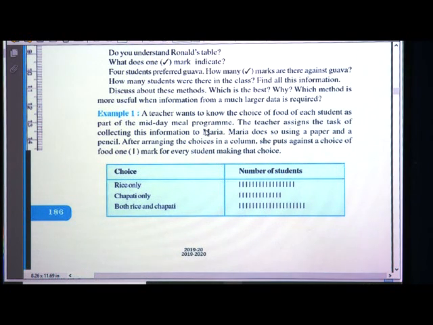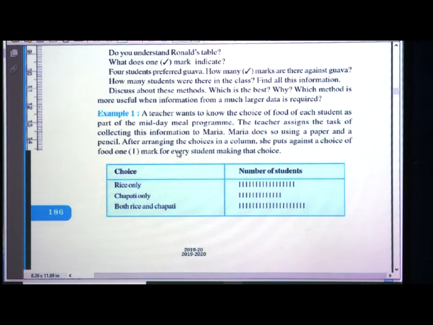A teacher wants to know the choice of food of each student as part of the midday meal program. The teacher assigns the task of collecting this information to Maria. Maria does so using a paper and a pencil.